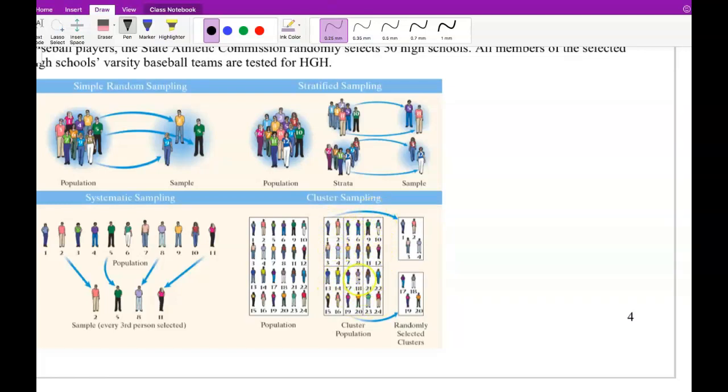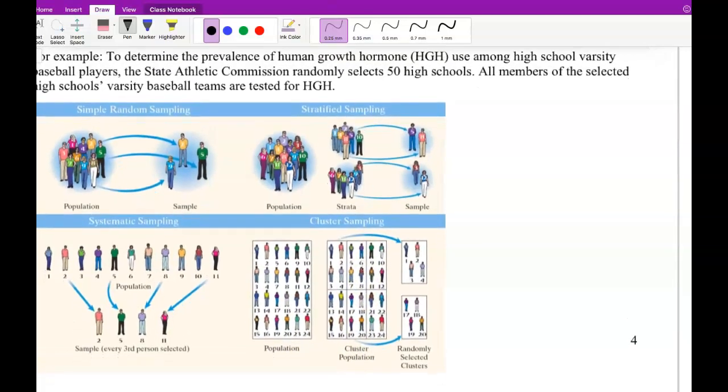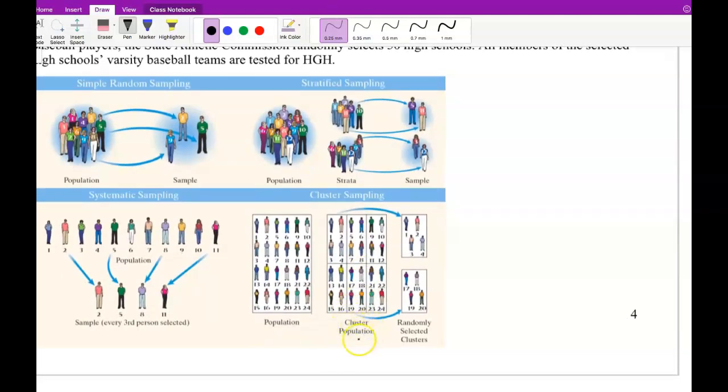So I divided this population by 6 to get this cluster population. Both of these are the population, but since we divided it into groups, we call it the cluster population.